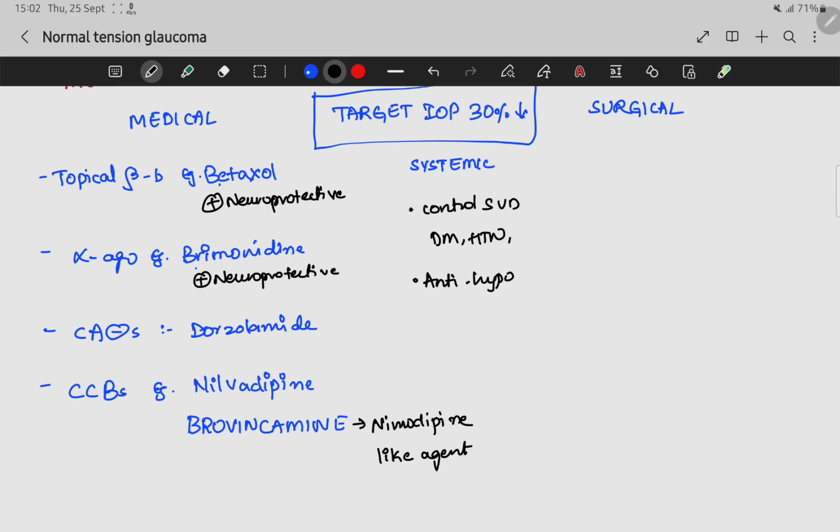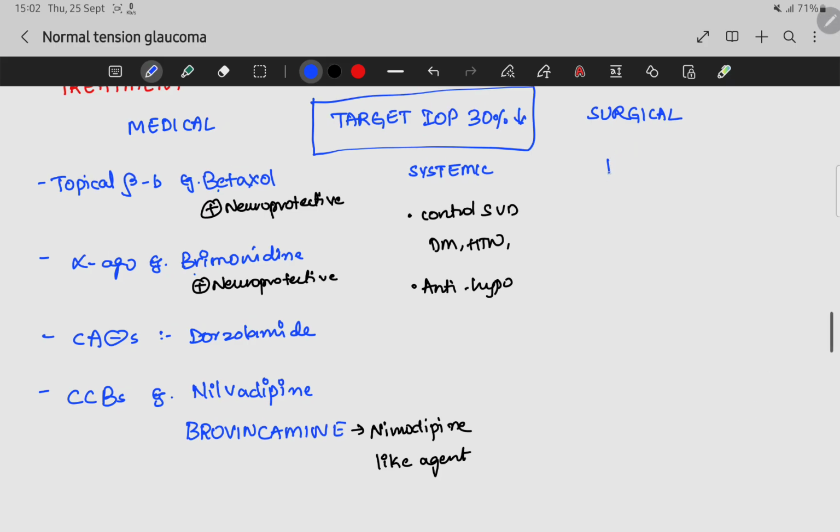And in surgical procedures, we can perform full thickness filtering surgeries. So these are indicated when the IOP progresses despite low IOP.